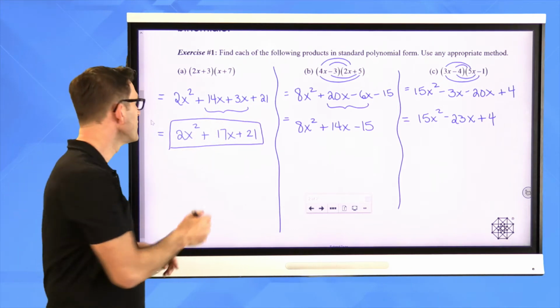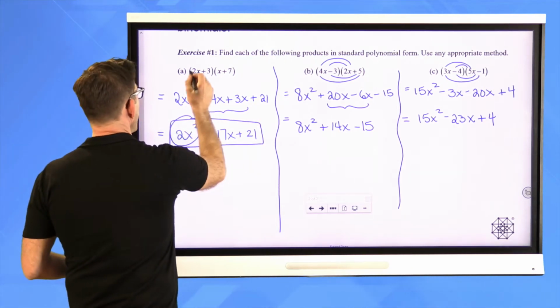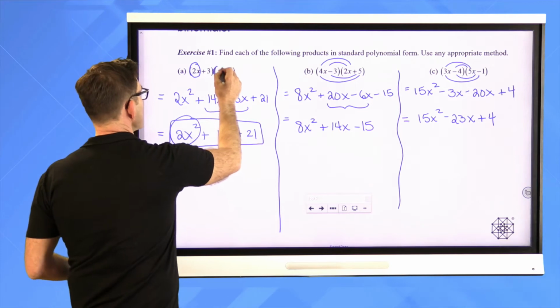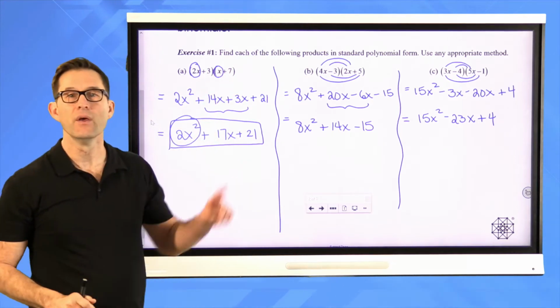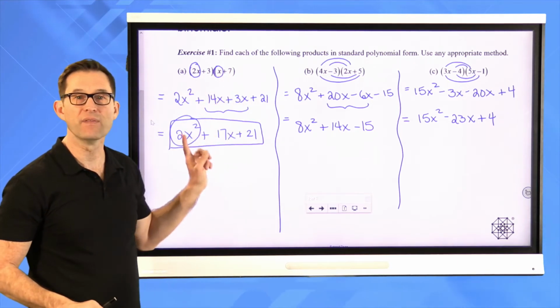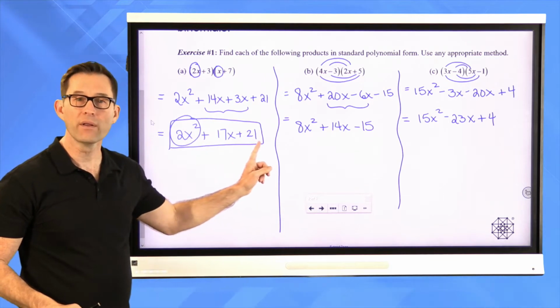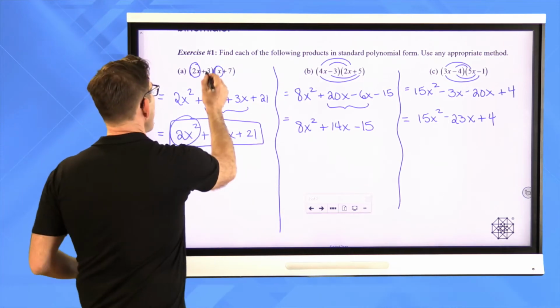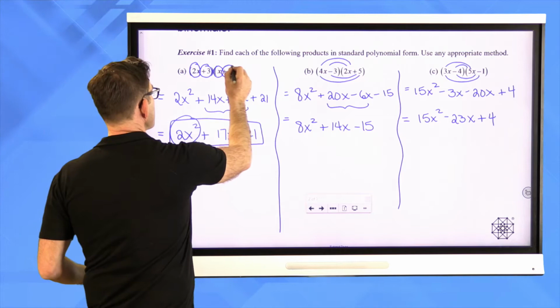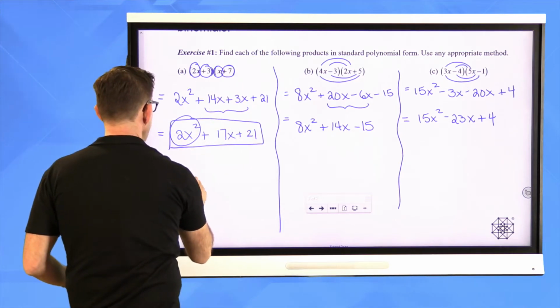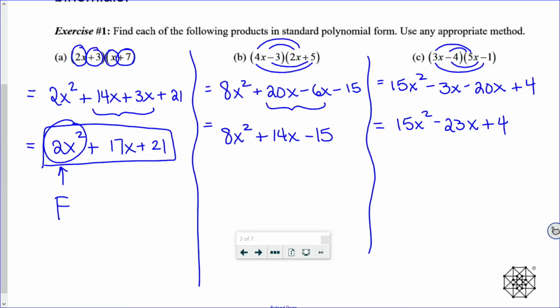Where does the 2x squared come from? Well, that comes from the 2x times the x, right? 2x times x gave me the 2x squared. Where did the 21 come from? That came from the 3 times the 7. So literally, this is the F in FOIL, and this is the L in FOIL.